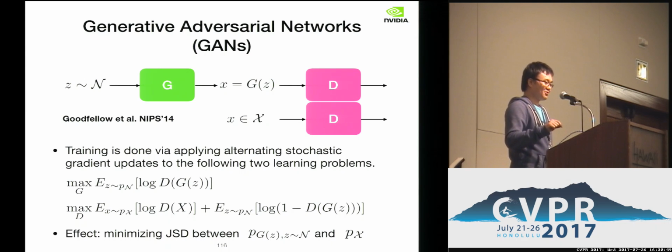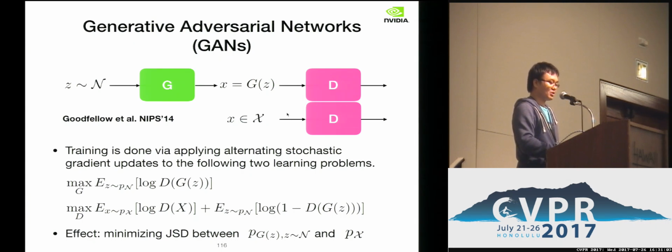Before we talk about that, let's quickly review the GAN formulation. In the original GAN you have a generator that converts a random vector Z to an image. The discriminator differentiates: the one from the dataset should be considered true, and the one from the generator should be considered false.